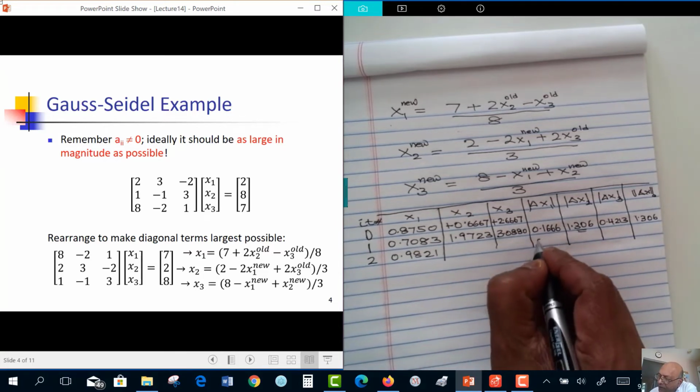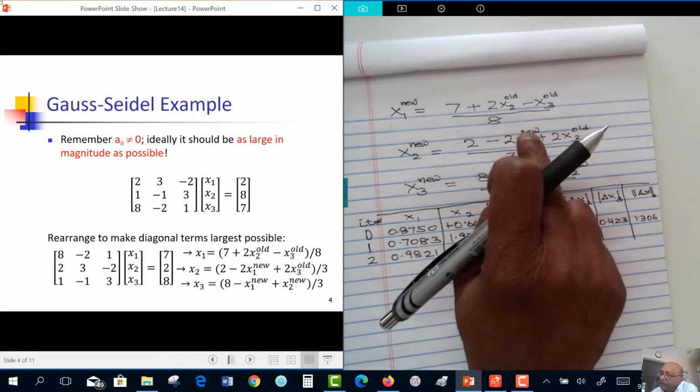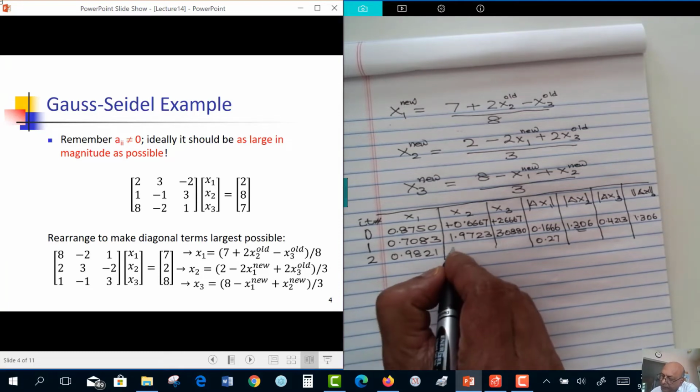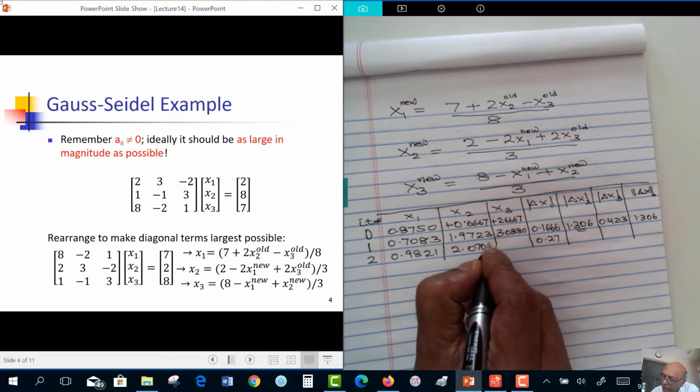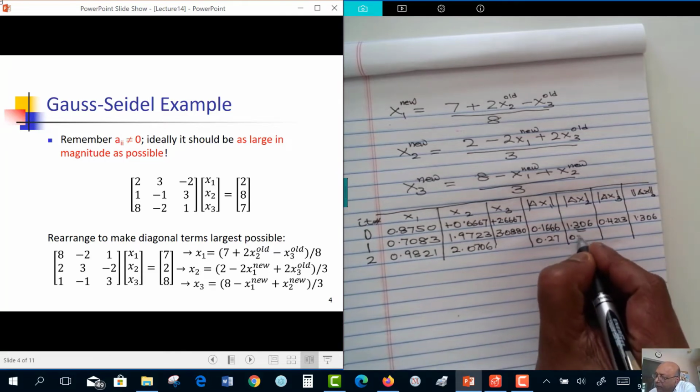So now the difference is like 0.27. Okay. So we have a new value for x1, old value for x3. We substitute. And the difference is 0.098.